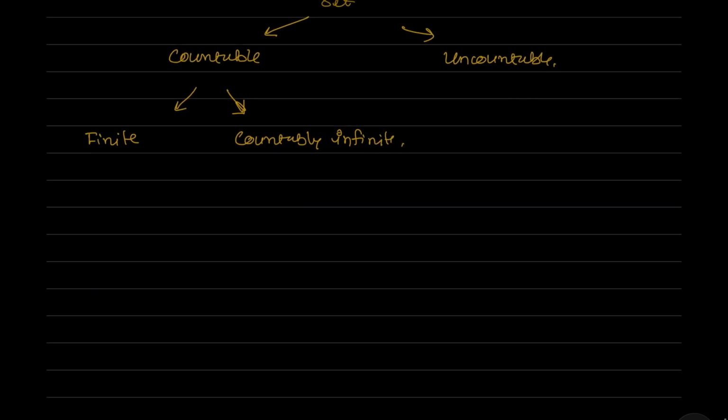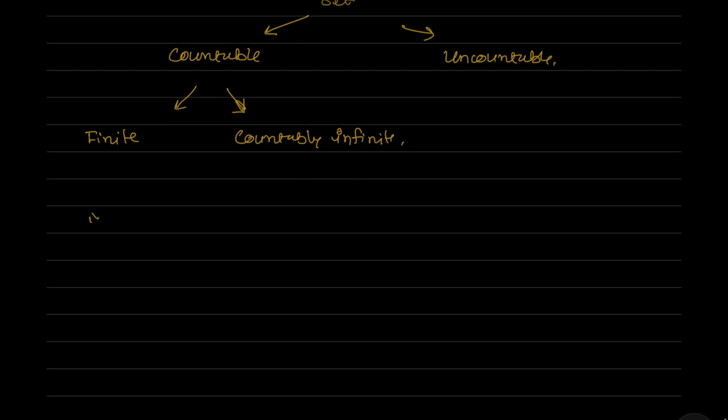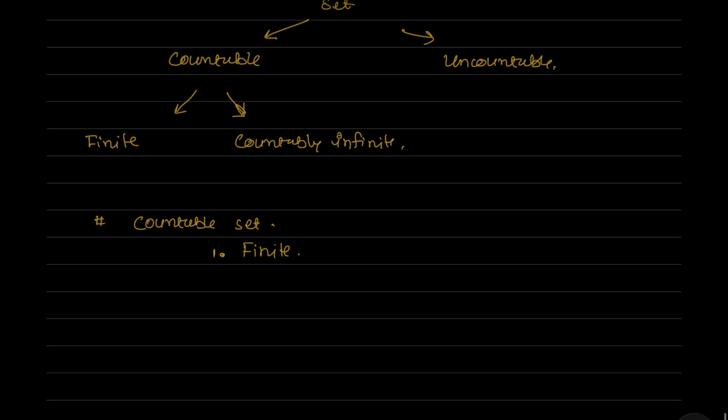Alright, let's start with the first one. Countable set. A set will be called countable if one case is satisfied, that is, it is finite. What do we mean by finite?